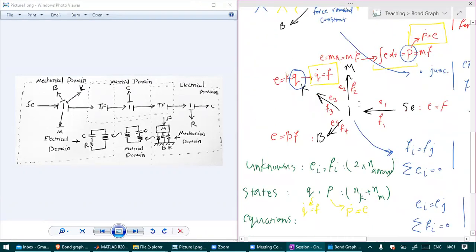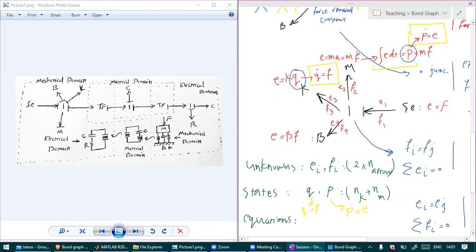Okay, we show that by an arrow with a vertical line on the other side of the arrow. So it basically shows that the part of the arrow that doesn't have this vertical sign defines the effort in that part of the system. Okay, so basically the other part of the system defines what?